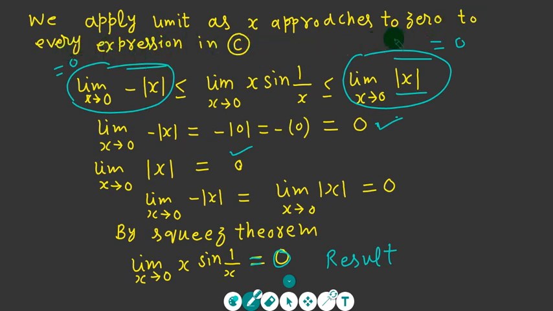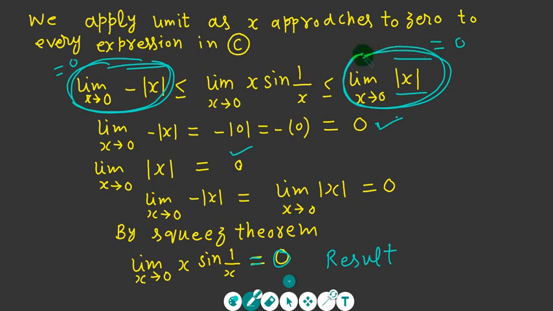Now we apply limit x approaches 0 to every expression in C. Here is the limit of the smaller function, and this is the limit of the greater function.